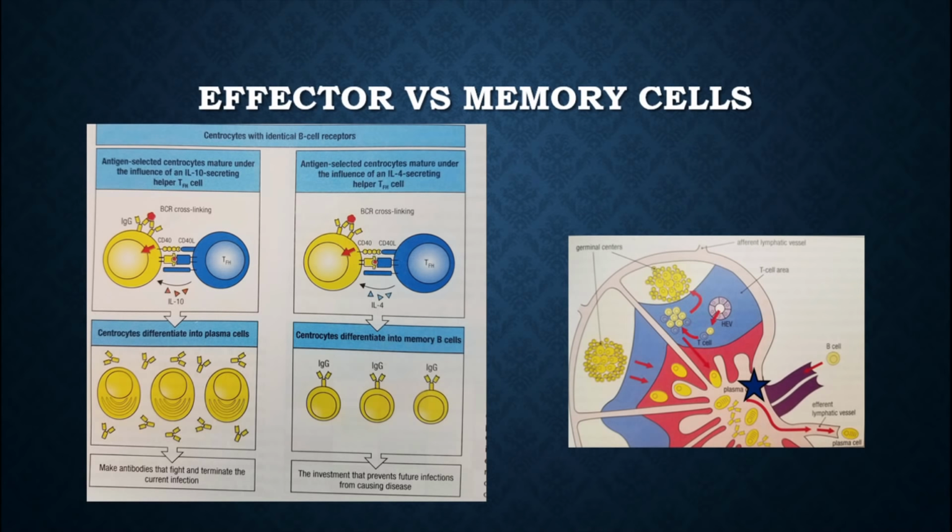When that interaction takes place, there's an additional step in which that B cell can become a plasma cell as an effector cell, or it can become a memory cell. This is based, as the example we were given in class, if IL-10 is present, it becomes a plasma cell. However, if IL-4 is present, it becomes a memory cell. So this, again, happens downstream of all that somatic hypermutation.